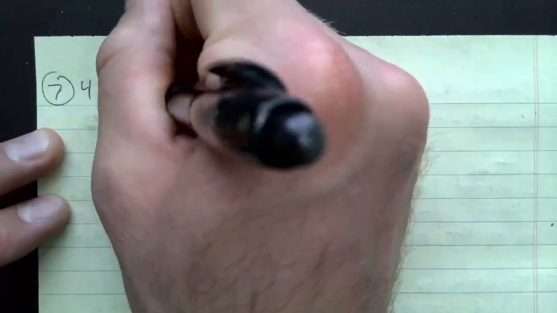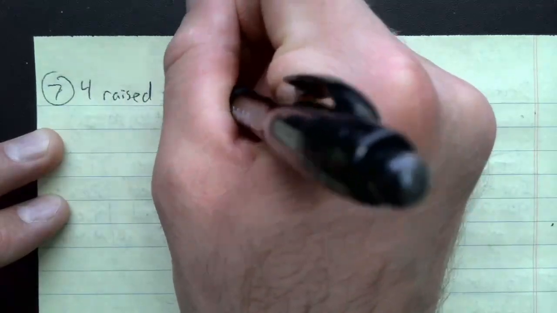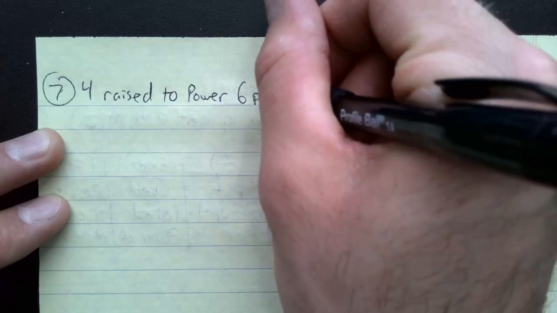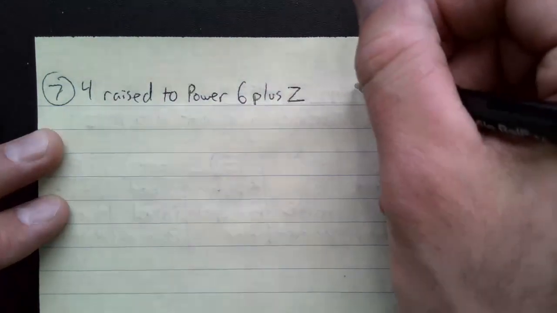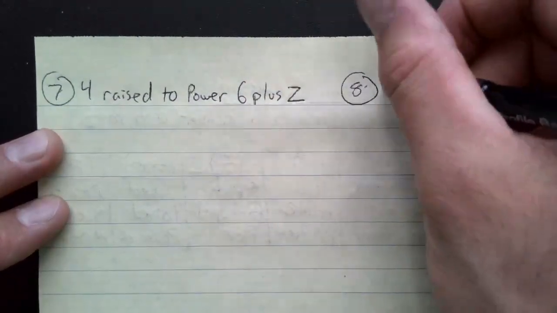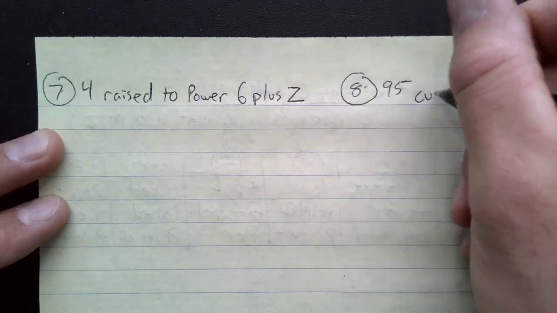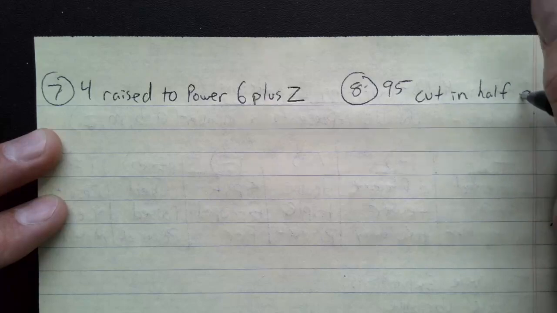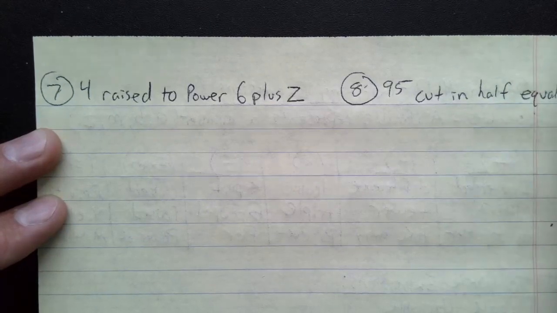Number 7 is 4 raised to the power 6 plus z. Number 8 is 95 cut in half equals f.